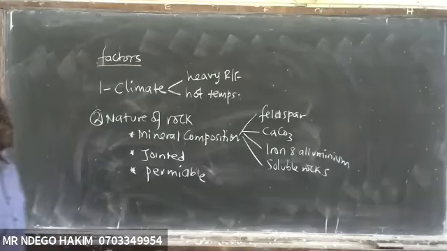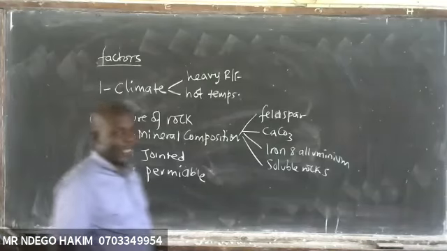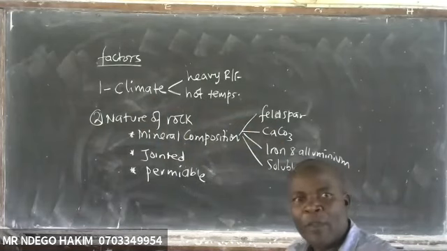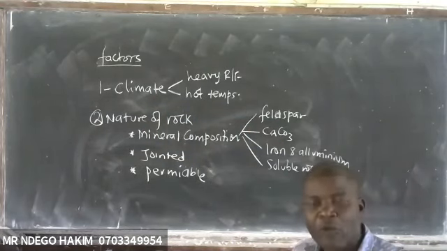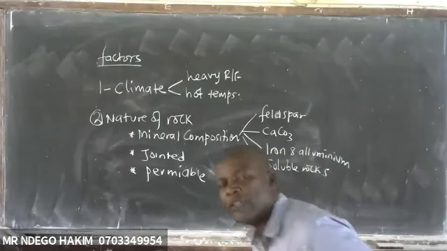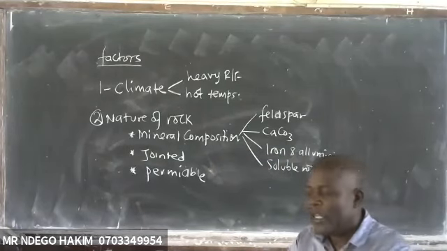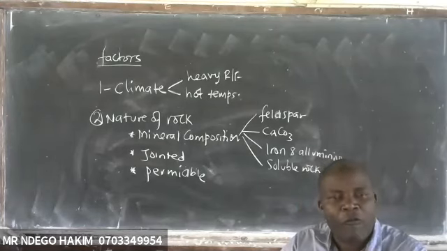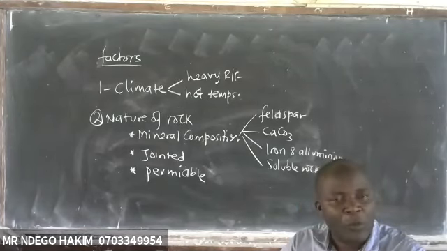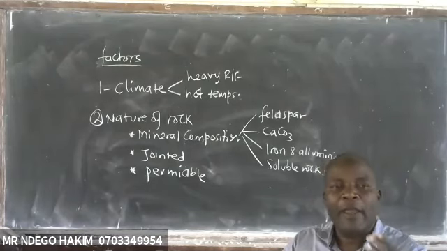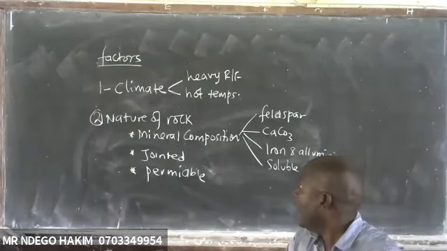Okay, let me first explain. Listen carefully. There are quite a number of factors. I first want to explain that the dominance of chemical weathering in these areas is a result of heavy rainfall.